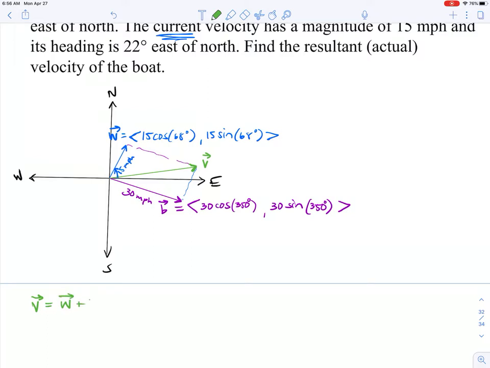So vector V is going to be equal to vector W plus vector B. So vector V, adding the horizontal components, will be 15 cosine of 68 degrees plus 30 cosine of 350 degrees. And then the vertical component will be 15 sine of 68 degrees plus 30 sine of 350 degrees.